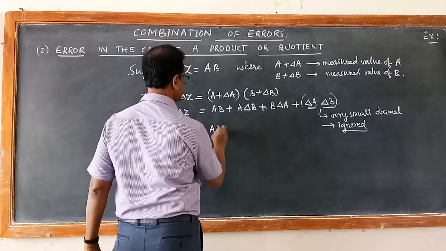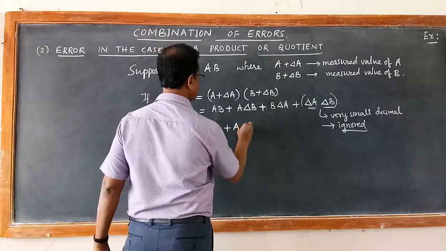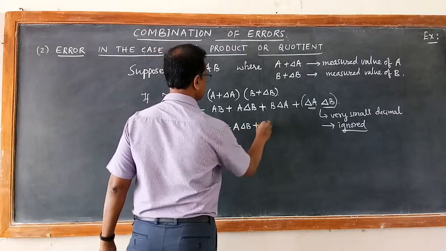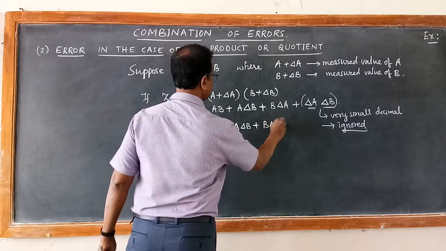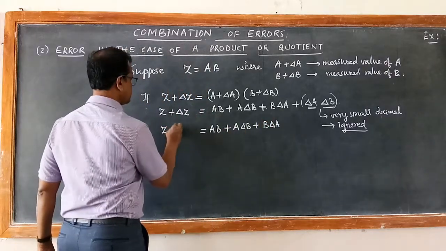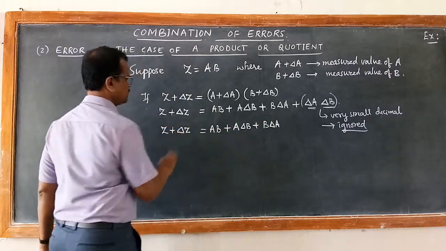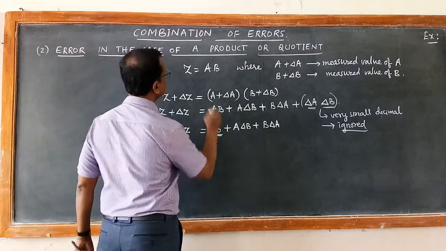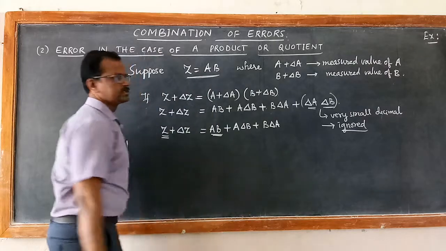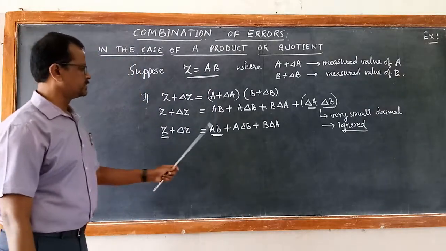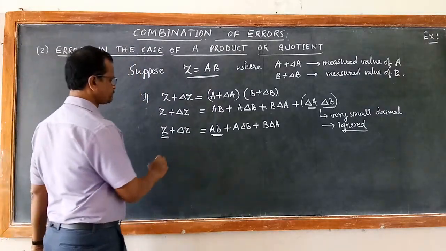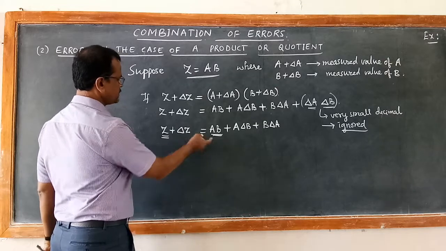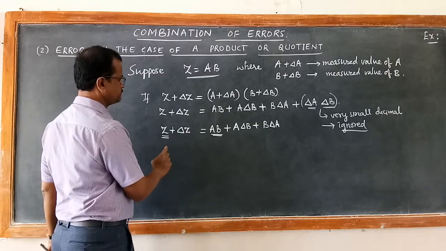AB plus A delta B plus B delta A is equal to Z plus delta Z. Now again we know that Z is equal to AB. You can cancel Z with this. So you are left with Z minus AB.